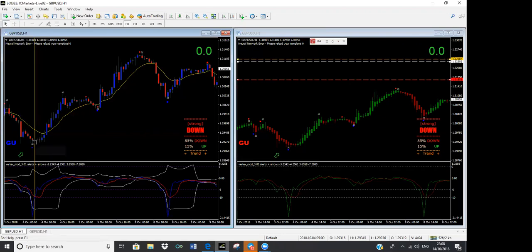But here, at least you would wait a bit longer. Here, you're confused. Where am I entering? What am I looking at? Am I looking at white lines, or am I looking at the red or the blue line? Here you're only looking at two lines. You're looking at the green and red lines. Whenever they cross each other, you just have to be patient to send a market order.